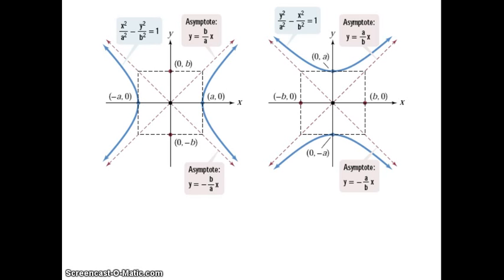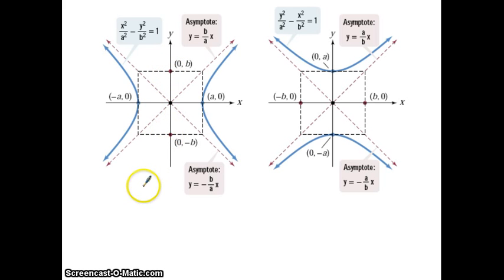A hyperbola is drawn using a and b. If you go from the very center out and make your a value, you arrive at a vertex point. The b value, you go perpendicular to the transverse axis.